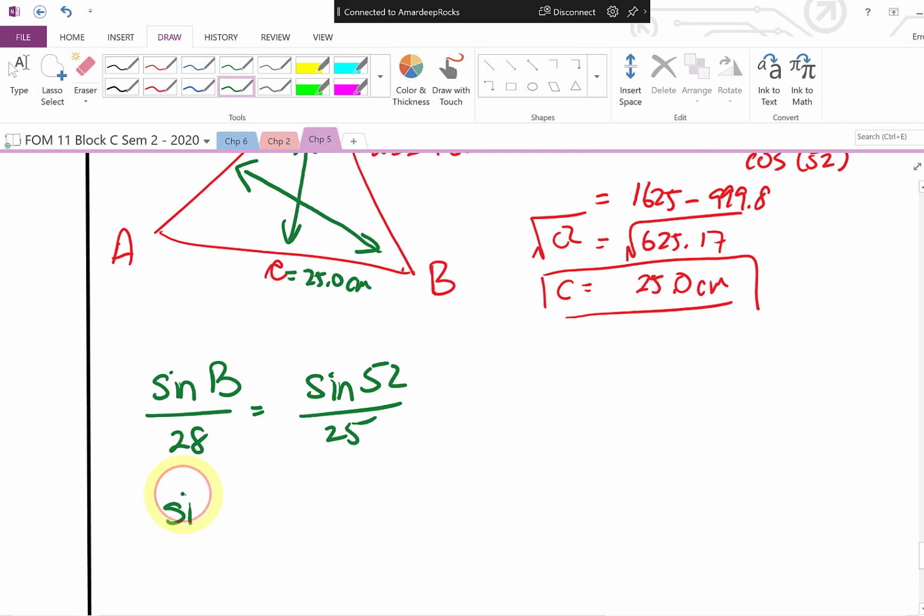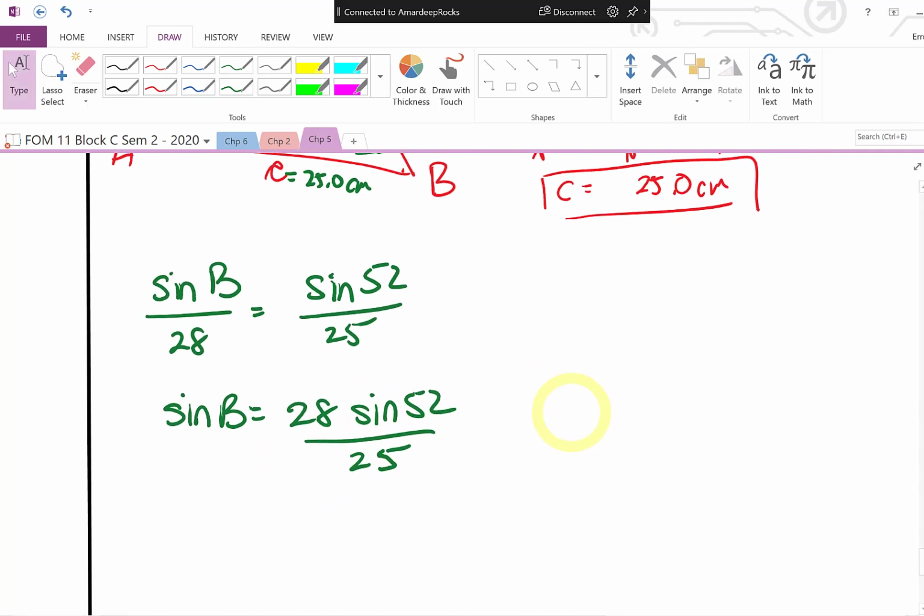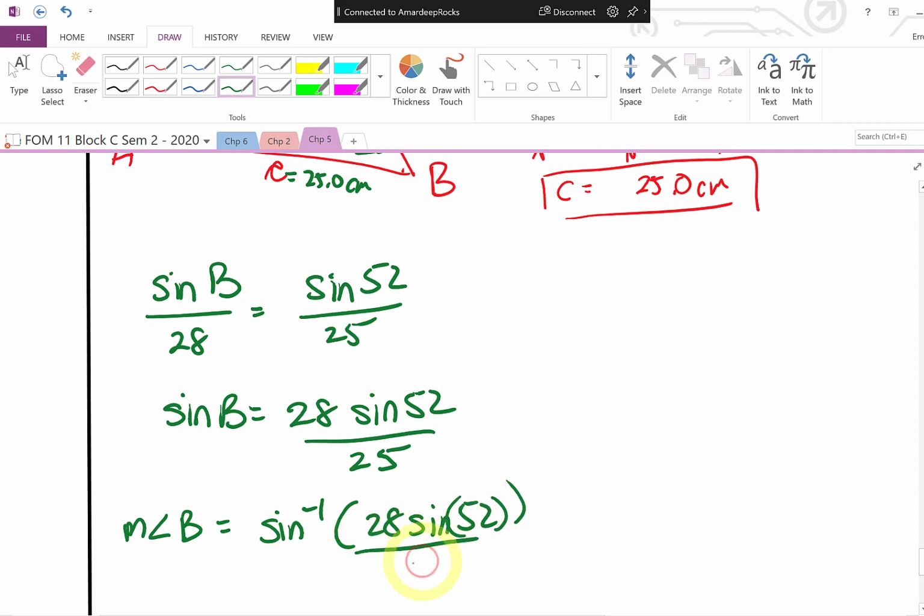So now we have sine of B is equal to 28 sine 52 all over 25. And when we're looking for the measure of angle B, it is equal to sine inverse of 28 sine 52 all over 25.